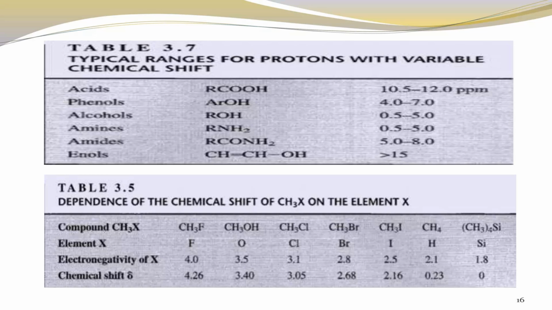If the element is Cl, the electronegativity is 3.1, and the shift is 3.05. If the element is Br, the electronegativity is 2.8, and the shift is 2.68. If the element is I, the electronegativity is 2.5 and the shift is 2.16. If the element is H, the electronegativity is 2.1 and the shift is 0.23. So this is the dependency of chemical shift on the element X.